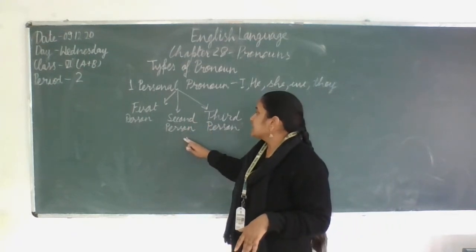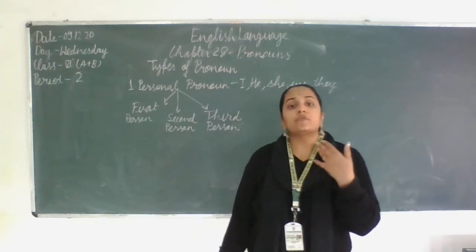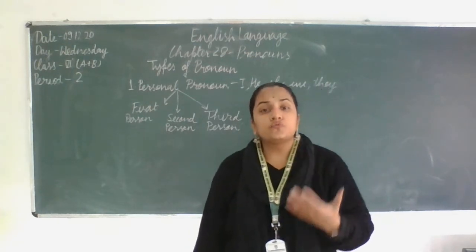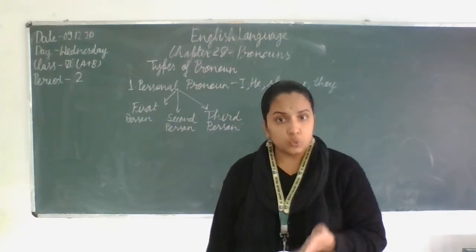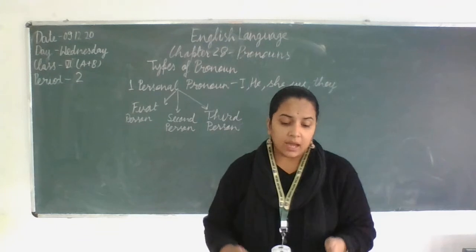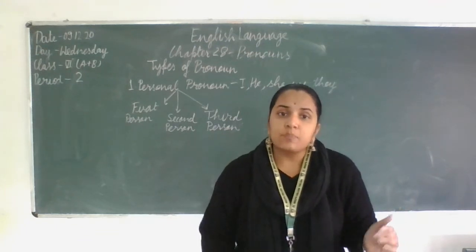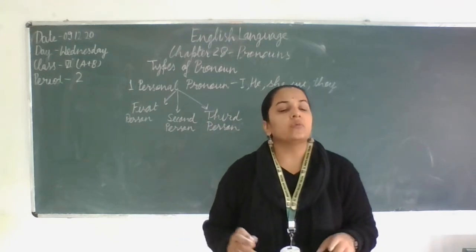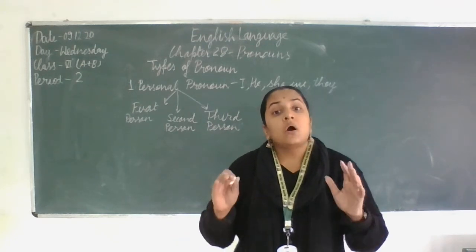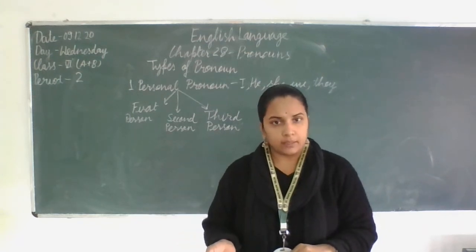Next comes the second person. The second person pronoun refers to the person to whom we are talking or the one who is listening to us. That is the second person, to whom the things are spoken. And the third person pronoun is the pronoun or the person about which we are talking.